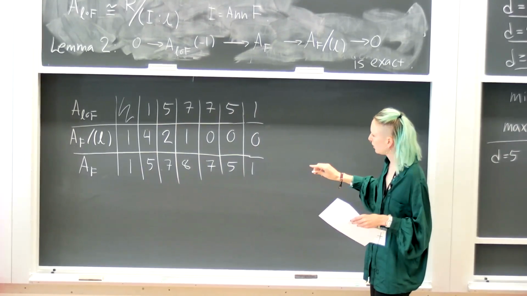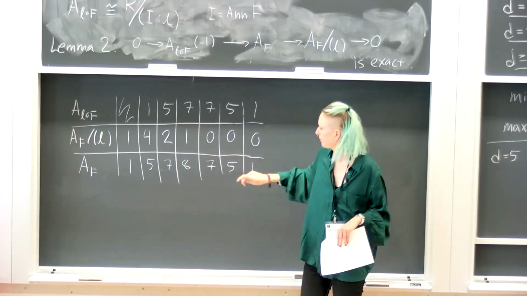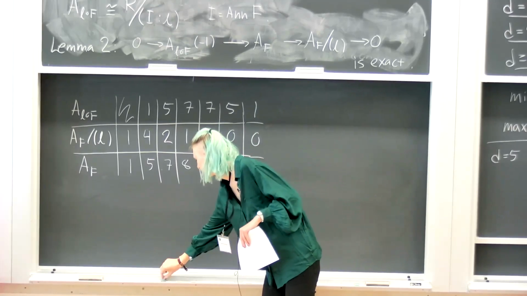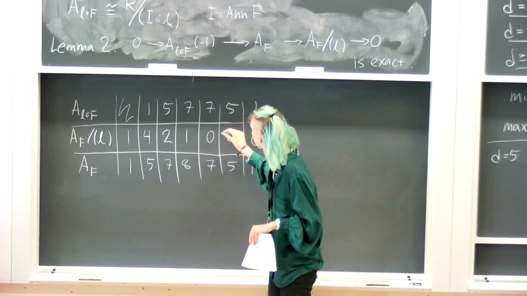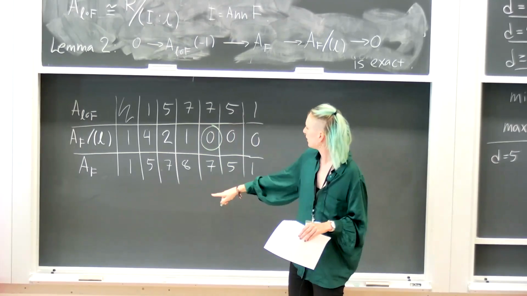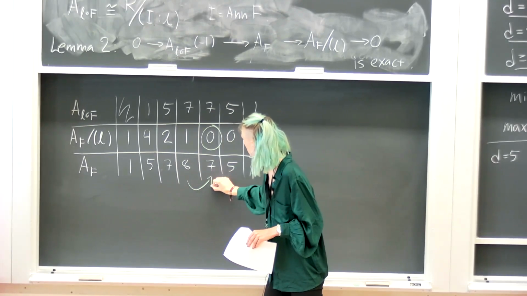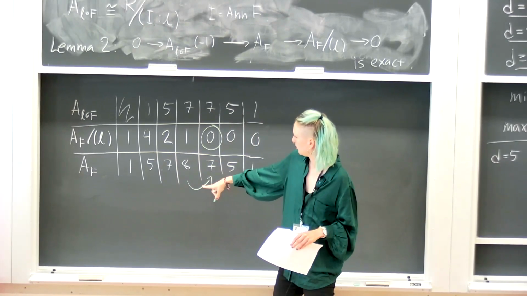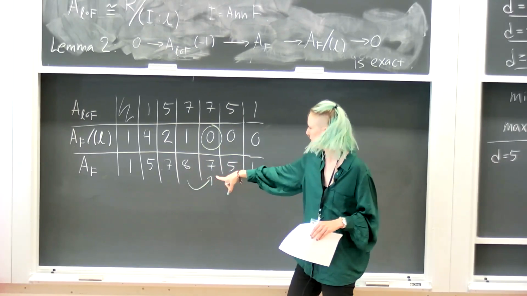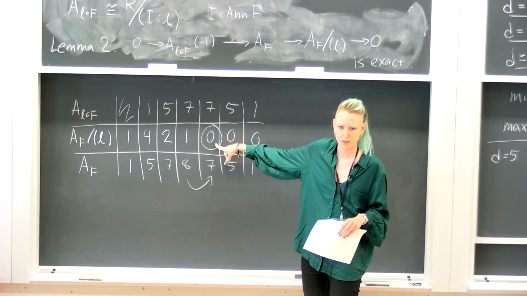Now, because there is a 0 here, it means that this map that goes from degree 3 to degree 4 here has to be surjective because of this 0.